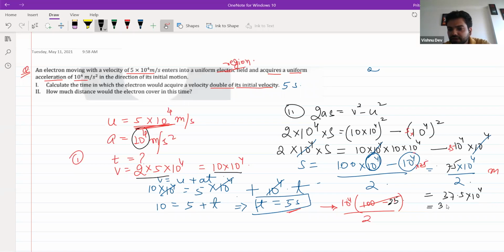So that will be 375,000, 3.75 into 10 to power, will it be 10 to power 4 or 10 to power 5, Akash? Check it. It should be 10 to power 5, because if we divide 75 by 2, we'll get 37.5. Instead, you can write 375 kilometers.